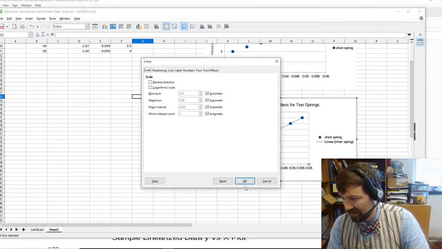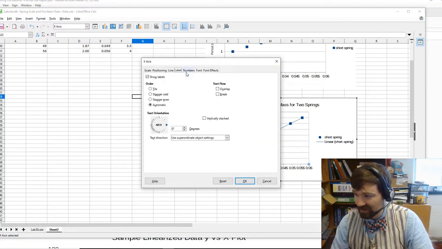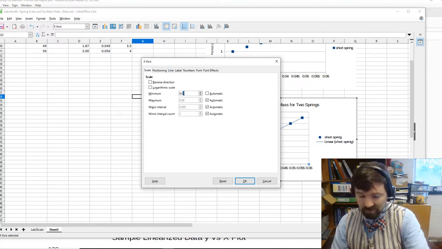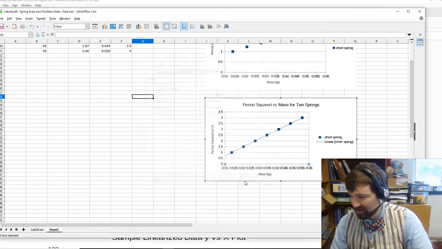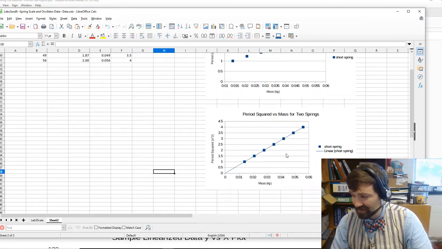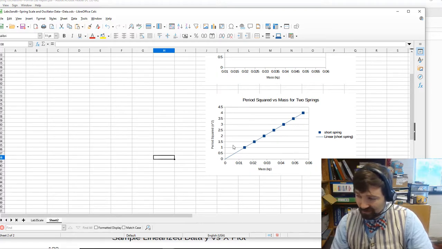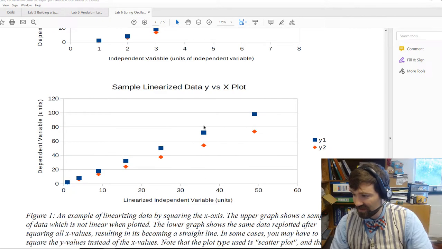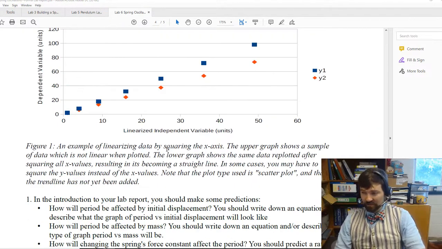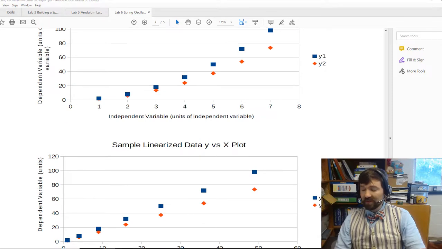Maybe I go down here and insist on making the scale for the axis also show me the origin. Okay, so I can force it to show where the origin would be on this. You see that this is now linear. So this would be equivalent to this linearization data that you have here. Okay, so I do expect you to do something like this.